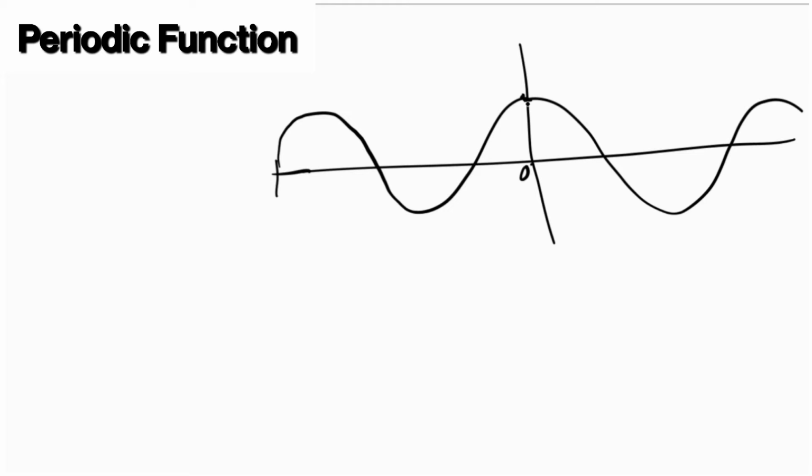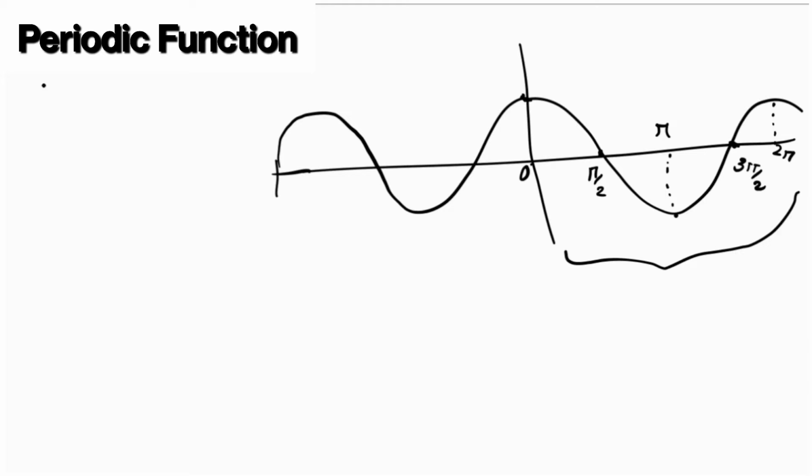Here cos 0 is 1, cos of pi by 2 is 0, cos pi is minus 1, cos of 3 pi by 2 is 0, and again cos 2 pi is 1. So cos 0 is 1 and cos 2 pi is again 1. So 1 is repeated after 2 pi.